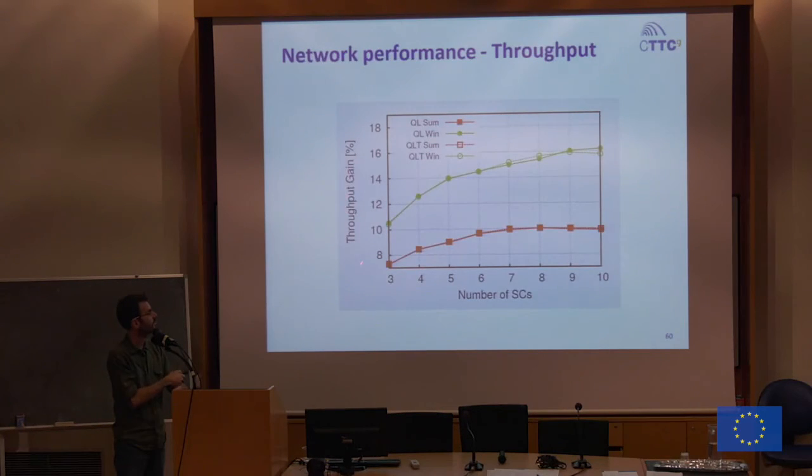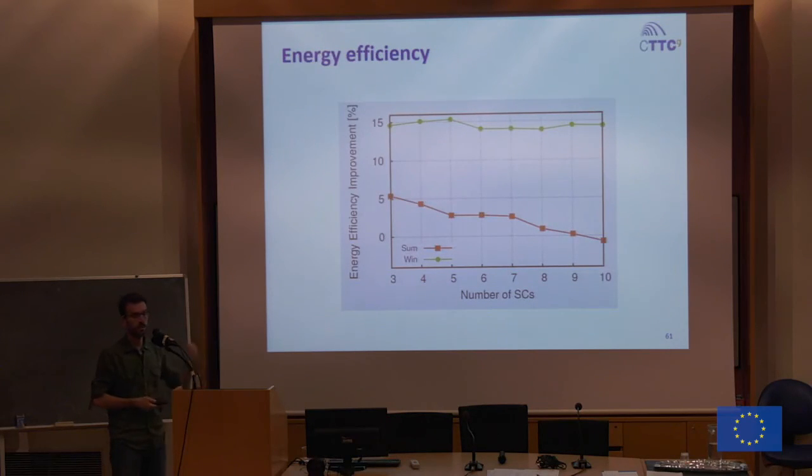And this is about the throughput gain, again the same picture as before. But I want to spend some words on this graph, because we divide this performance. This is energy efficiency. We have a lot of discussion about what energy efficiency is, but let's say that in this case it is the ratio between the throughput that I have in the network and the energy that is drained from the grid, by the macro cell.